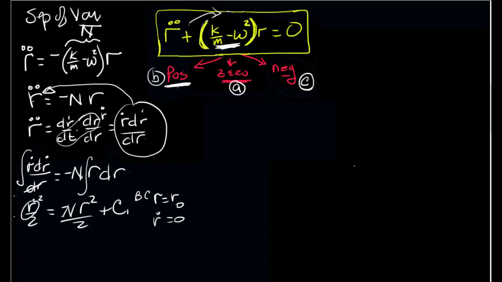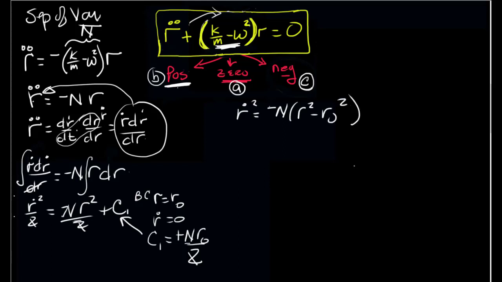So c is positive n r0 squared over 2. And if we multiply through by 2 and collect these terms, we get that r dot squared is minus n times r squared minus r0 squared.